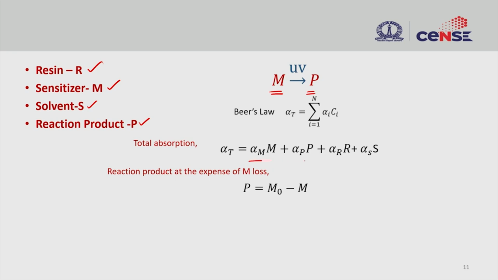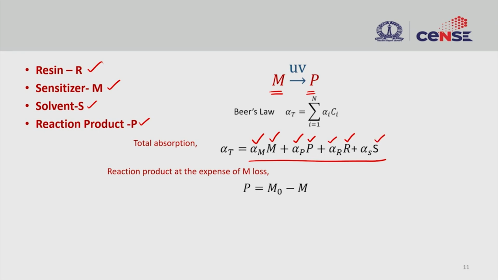So this is the total absorption that we are going to get. The sensitizer absorption coefficient, and this is the amount of sensitizer present, and this is your product. The product will also absorb, and this is the amount of product sitting there, and this is the resin, the body polymer that we use, and the polymer would also absorb something. And finally the solvent.